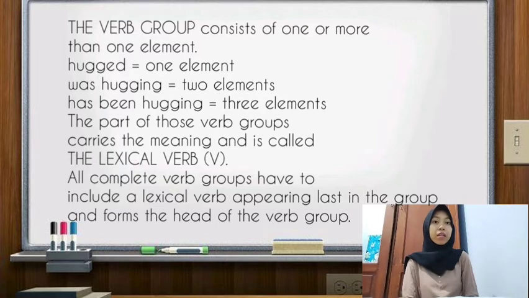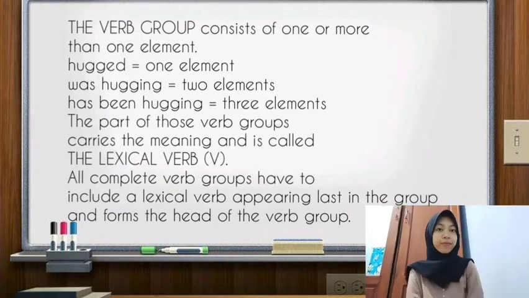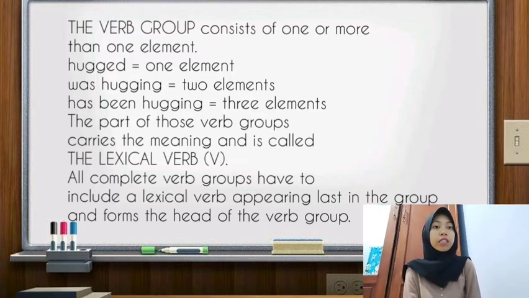Auxiliary meaning additional or giving help. Auxiliary verbs modify the lexical verb by indicating modality or aspect or voice. The verb group might signify tense. Tense will also be included under the category auxiliary.